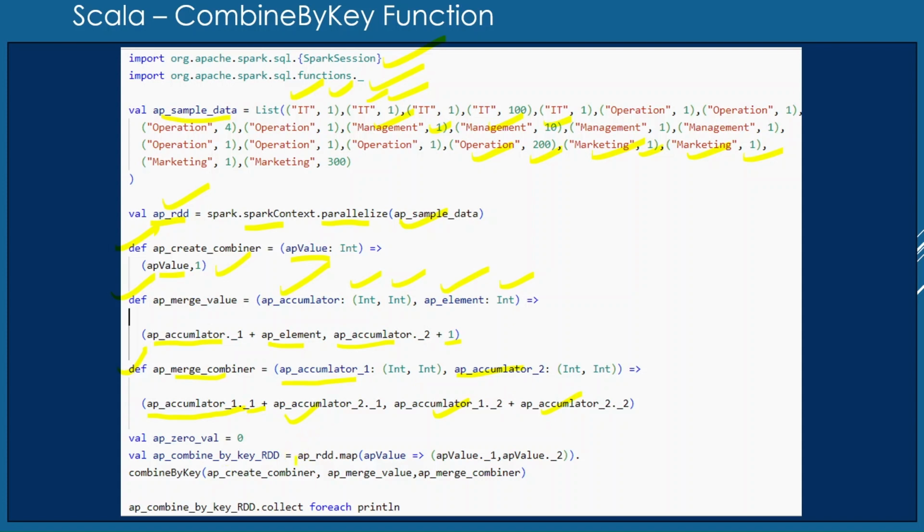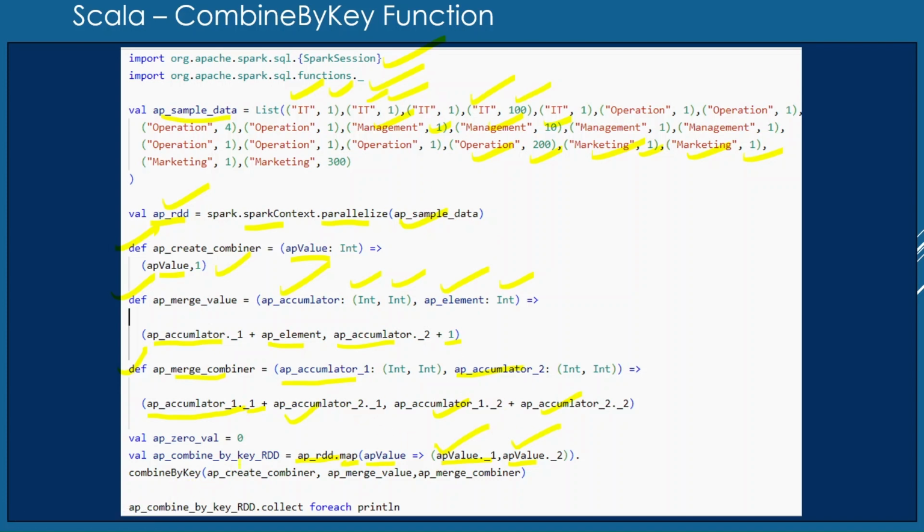On top of that RDD, I am calling the map function. In the map function, I am defining one variable and fetching the value present at the first position, underscore 1, and underscore 2, which is the second position. So underscore 1 has the key, and the corresponding value is underscore 2.